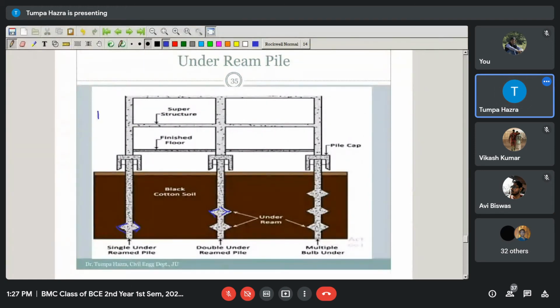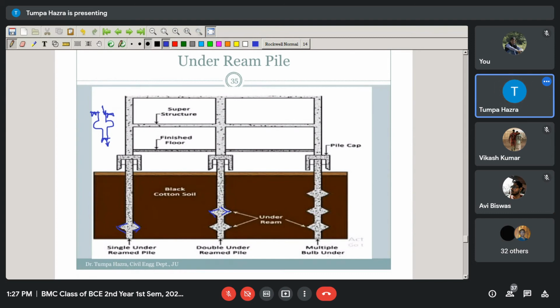Basically it looks like this. This is a single ream, this is a multiple ream pile, this is a double ream pile, this is a multiple ream pile, etc.